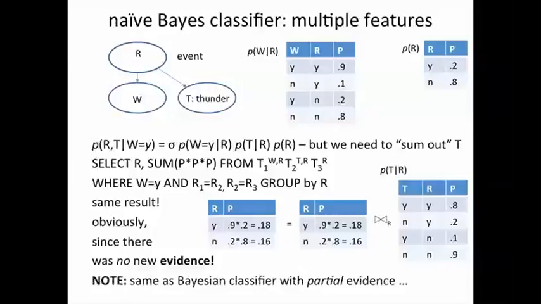So this is actually the same as a Bayesian classifier with two features, but only partially being observed, that only one of them is being observed. So you could have millions of features and only observe one or two, and you'll still get the same result just by putting them in your classifier. The summing out process makes sure that this process always works and you don't get any wrong results.